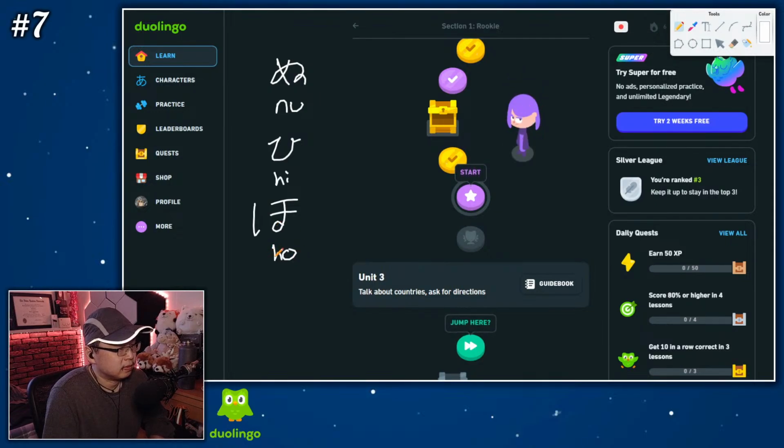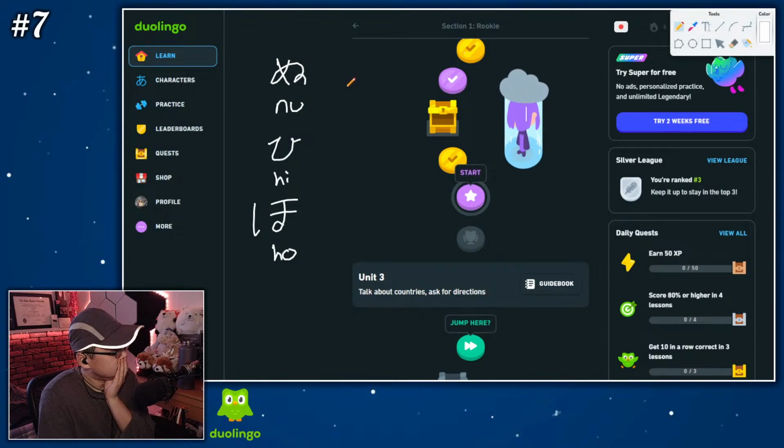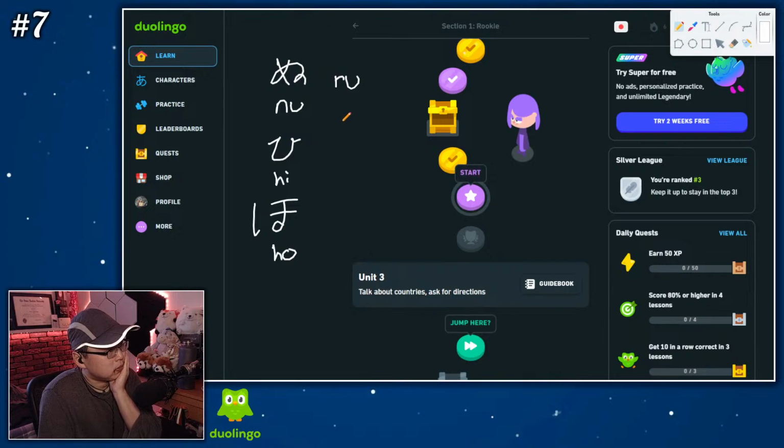I'm thinking about the symbol, the kana, first. I thought I remembered this. Now I remember the Romaji first. So it's uru. It's uru.